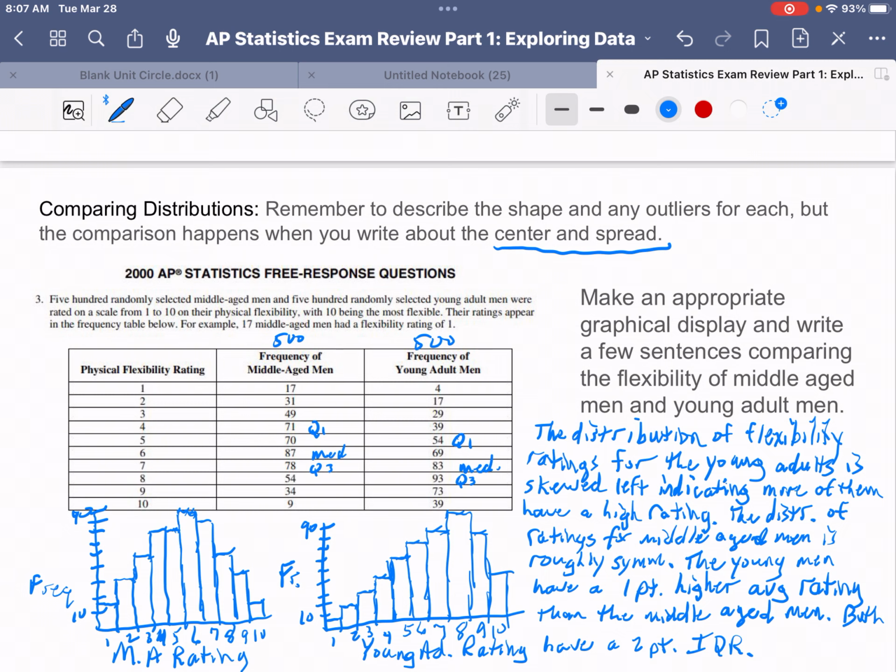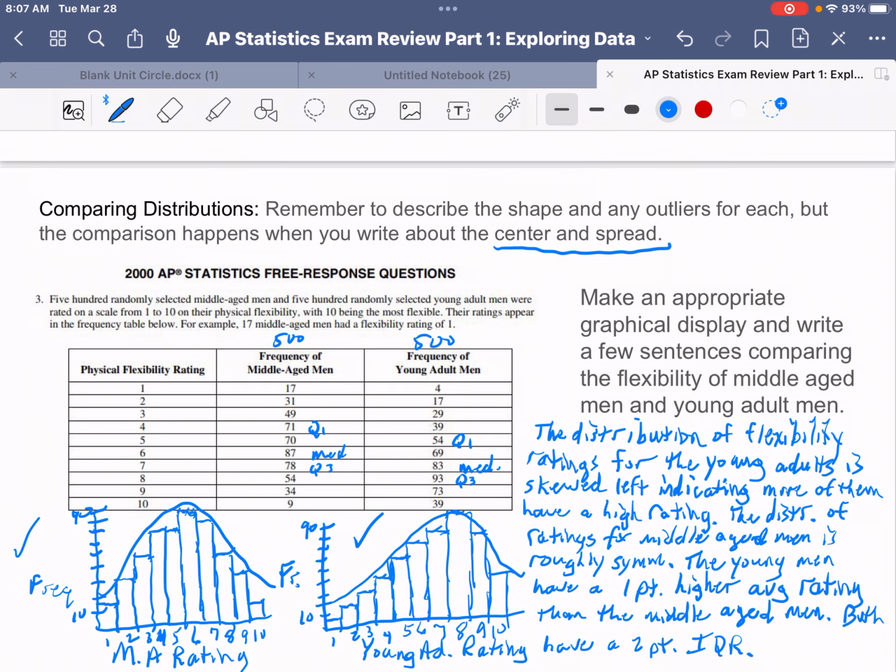So I made a histogram of the middle-aged men's flexibility ratings, and I made a histogram of the young adults' flexibility ratings. I noticed that the middle-aged males' ratings were roughly symmetric, but the young adult males' flexibility ratings are skewed to the left. So that'll be something of a comparison.